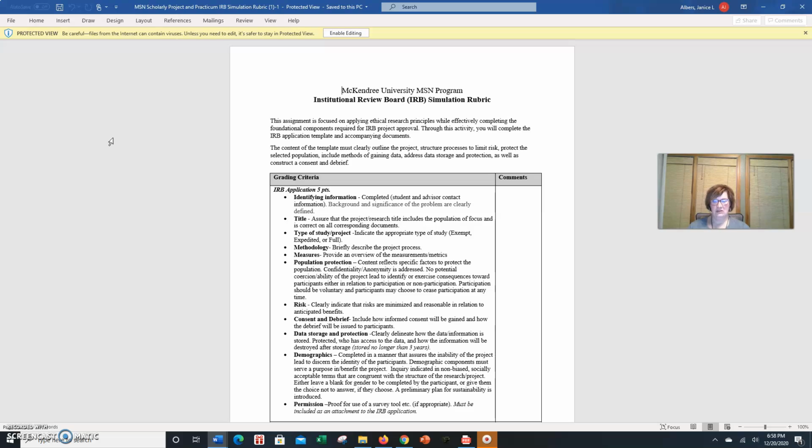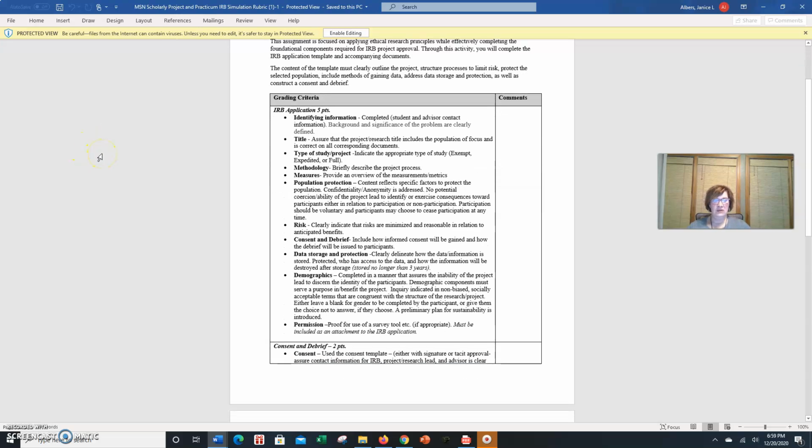Those are things to consider as well, and this ties back to your CITI training that you did early on in your master's program. You want to indicate what type of risks are involved, and again, when we're doing quality improvement projects, typically there are not specific risks.